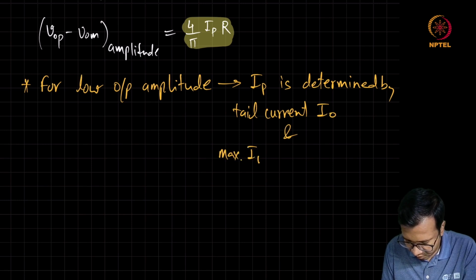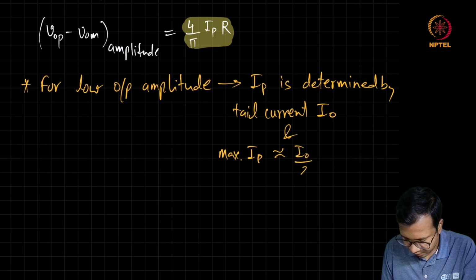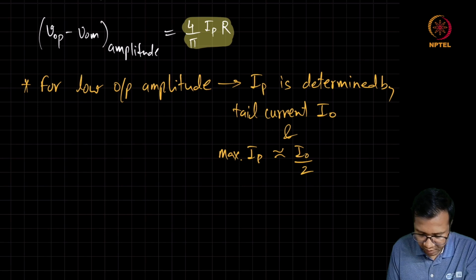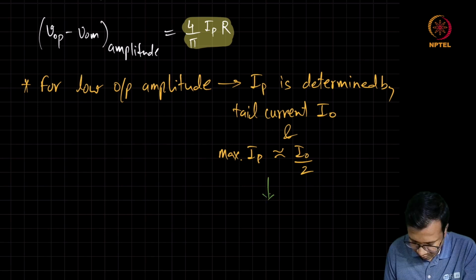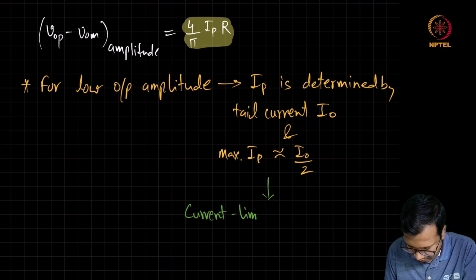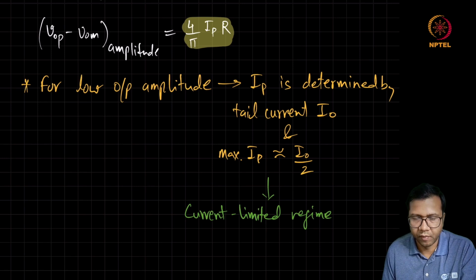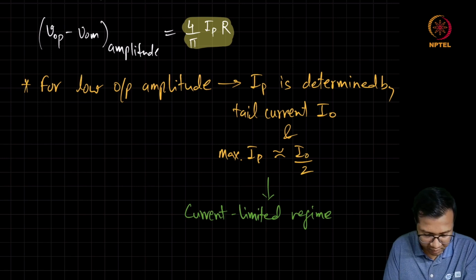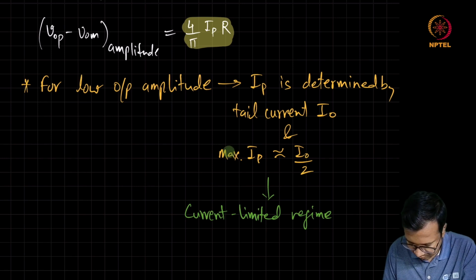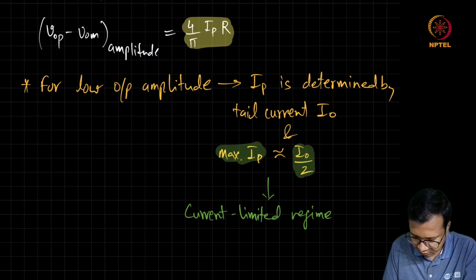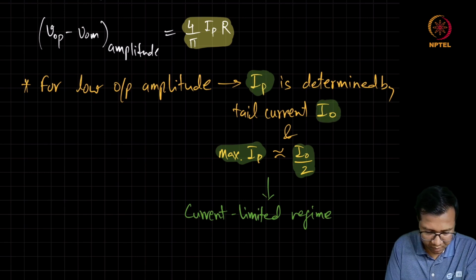The max IP will be equal to I0 by 2. This is also called the current limited regime. This is your current limited regime of operation for this cross-coupled LC oscillator. IP is determined by this bias current I0.